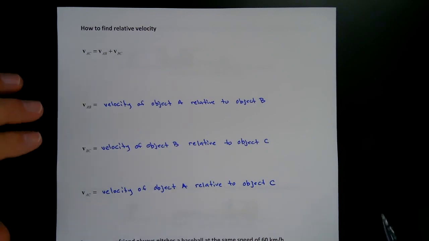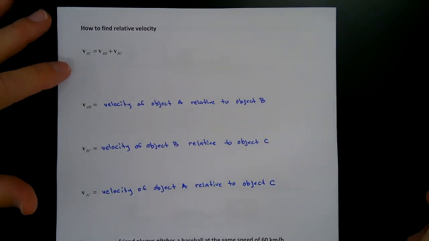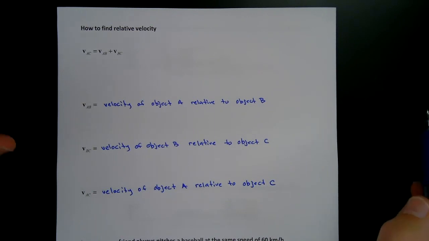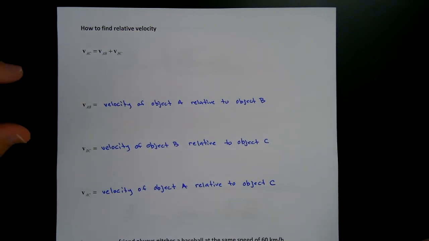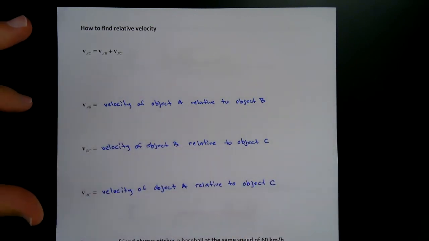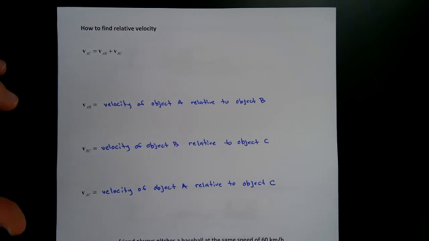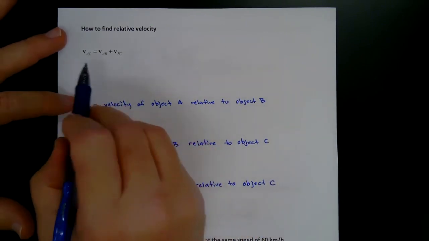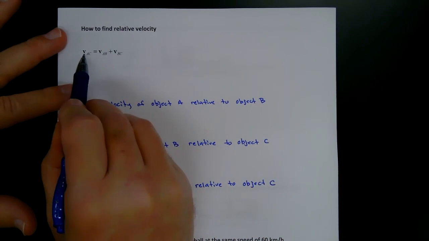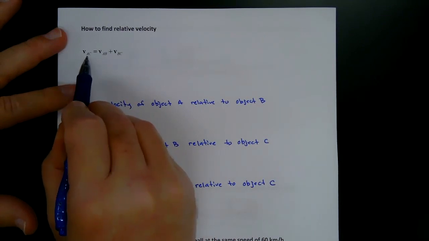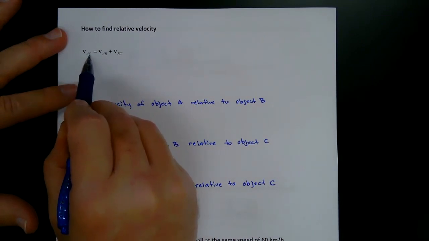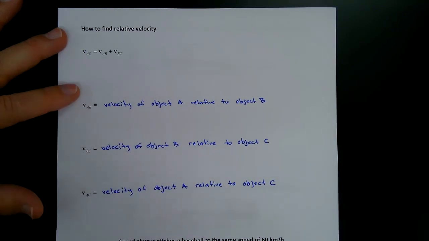Okay, so basically it's this. If you want to find the velocity of an object relative to another, okay, and you don't have it, it wasn't given to you, you can calculate it, okay? Now what you have to do is if you want to find the velocity of object A relative to C, and you're going to hear me sometimes say with respect to, that's also relative to, okay?